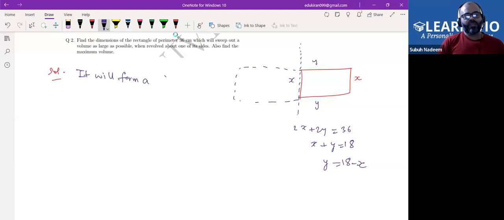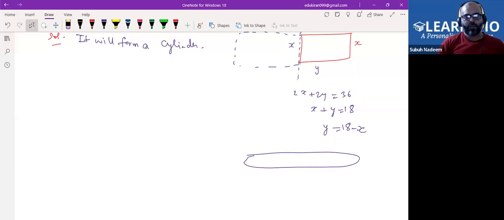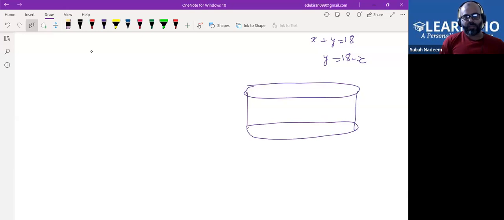And in that cylinder, it will be a cylindrical figure like this. About this, it has been revolved.